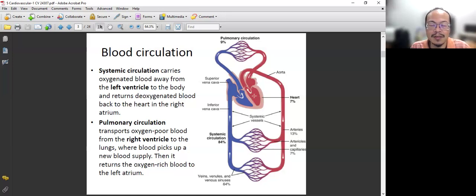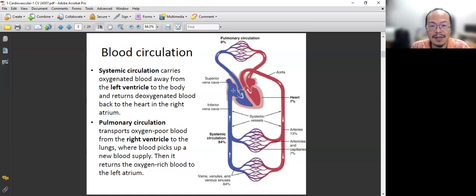So systemic circulation originates from the left ventricle through the aorta, then goes through the body, to different organs, coming back into the vena cava, ending at the right atrium.